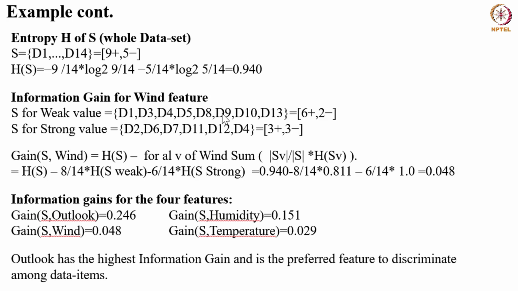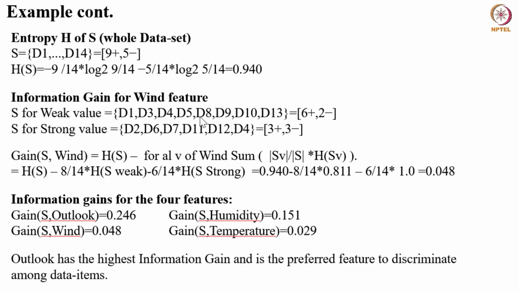Then we illustrate on this slide how we can try to evaluate the information gain for one specific feature. Let's say the wind, which has a strong value and a weak value. For the weak value, we have to look at which instances would belong to a node branched out based on that feature value.